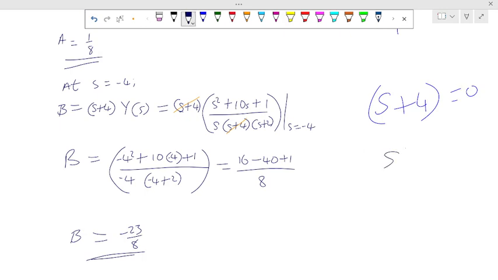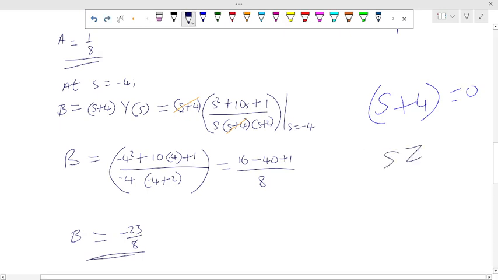Meaning s is equal to what? Minus 4, because you move this 4 to the other side. That's why we have it like this. Okay? So this s plus 4 will now cancel each other. So anywhere you see s, you put minus 4. So that's what we did here. And when you simplify that, you get B as minus 23 over 8.